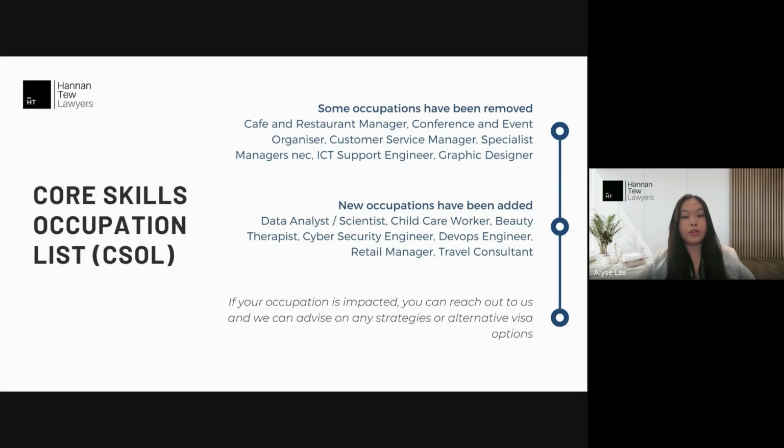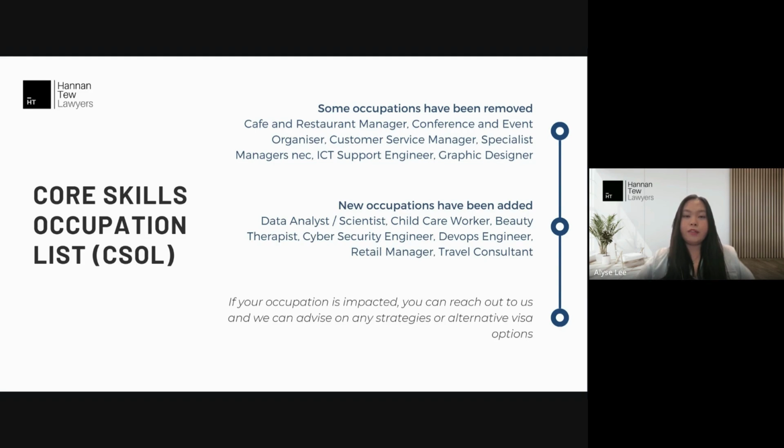There are, however, new occupations that have been added that weren't previously sponsorable, and some of these new occupations are those that were listed on the ANZSCO ABS website when they updated the list. So these include data analysts, scientists, childcare worker, beauty therapist, cybersecurity engineer, DevOps engineer, retail engineer, and travel consultant.